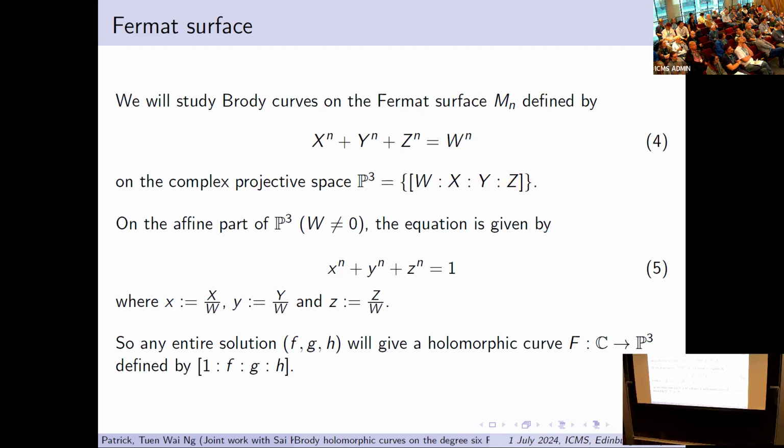And I'm looking for points in the projective space P3. So for entire solutions, you can think of each set of entire solution F, G, H as a mapping from C to P3, given by this formula here, 1, F, G, and H.